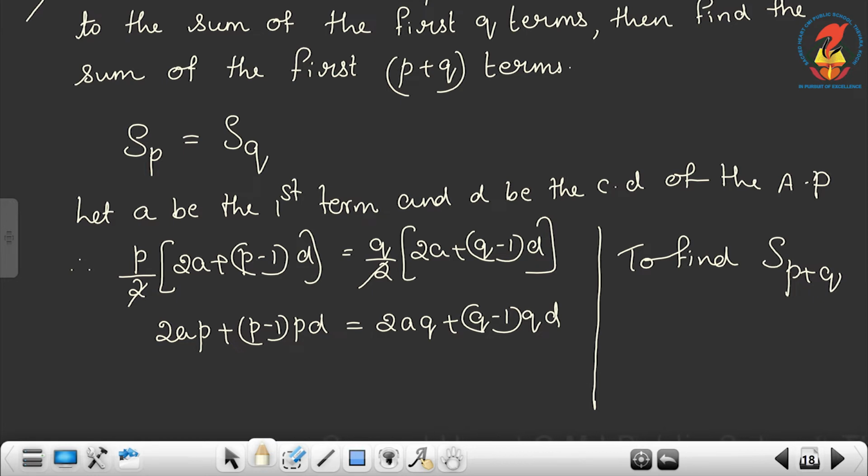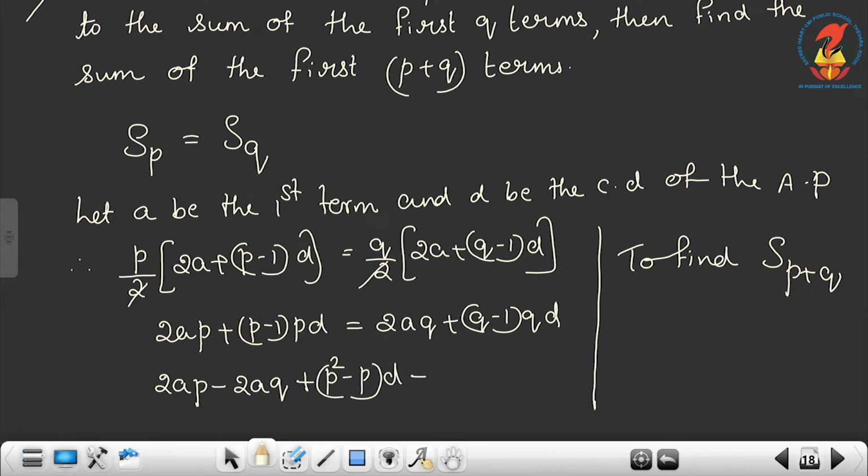So 2a, take q to this side: 2ap minus 2aq. So we can take out 2a, and then the second term d, here also d, we can take out. First open this: p square minus p into d.